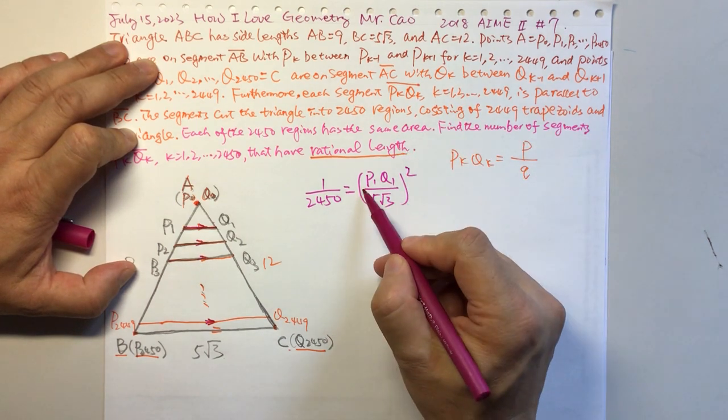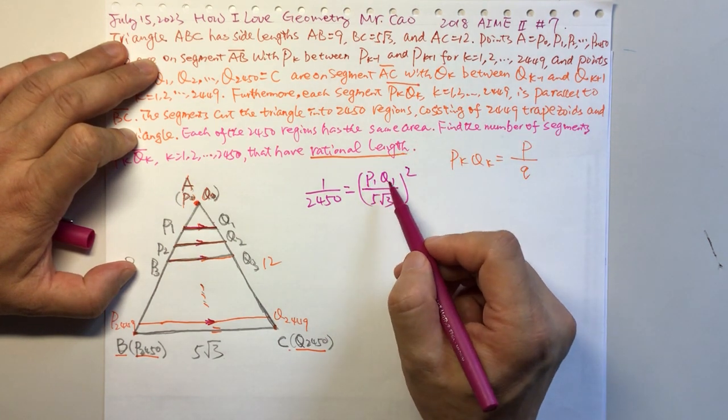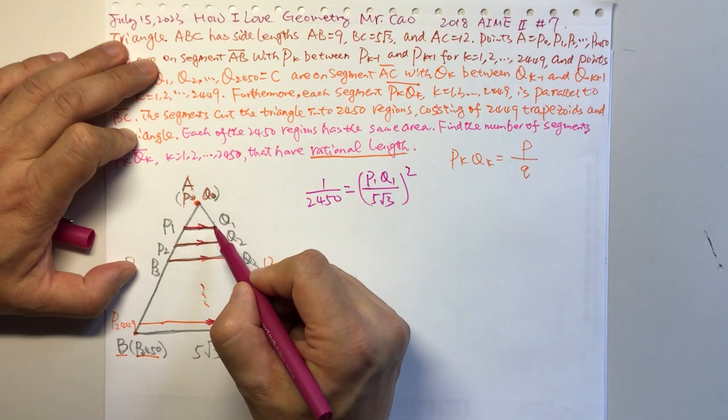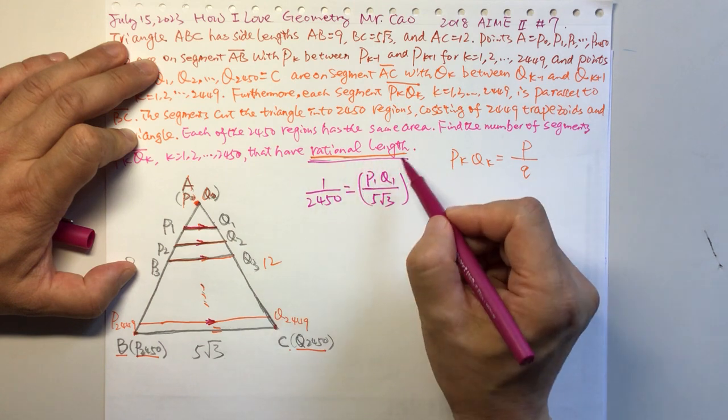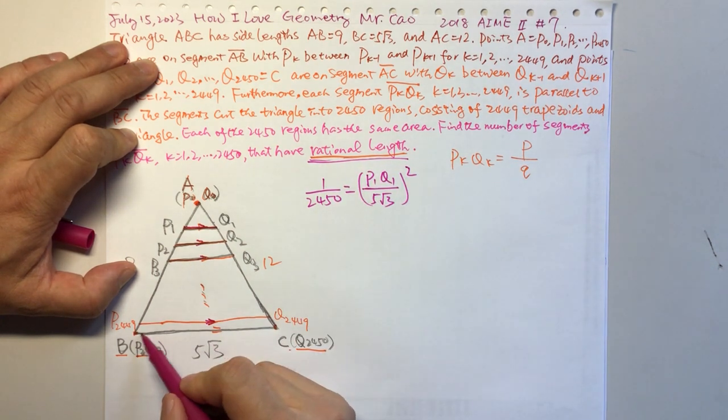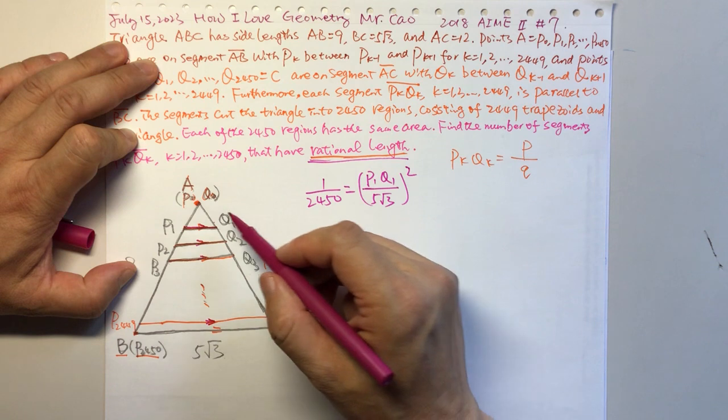This is very good because it includes what we need to know, the length of P1Q1, whether it is a rational number, and it includes the area relationship.